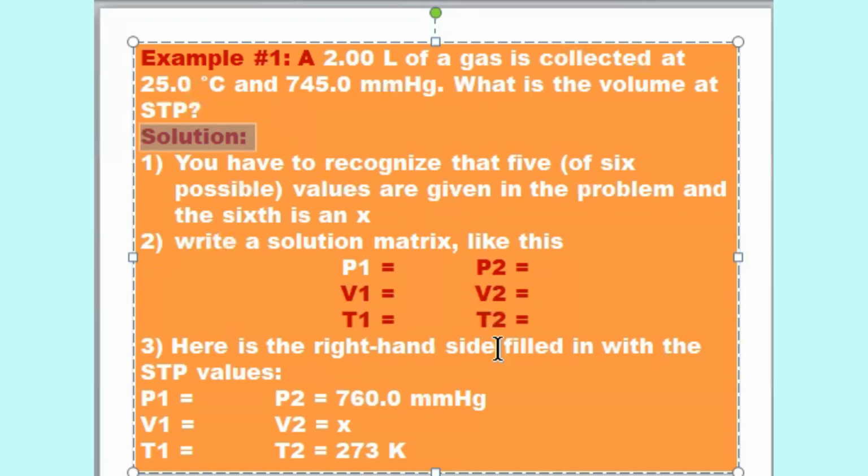Then the right hand side is filled in with the standard temperature and pressure values. We have standard pressure 760 millimeter of mercury, and V2 is required, represented by X, and T2 is 273 Kelvin.